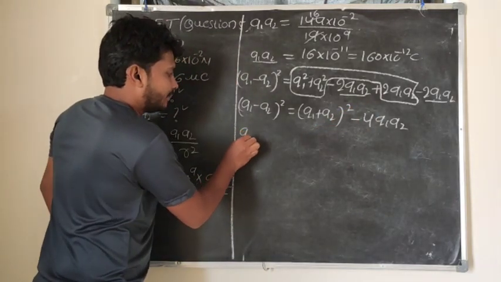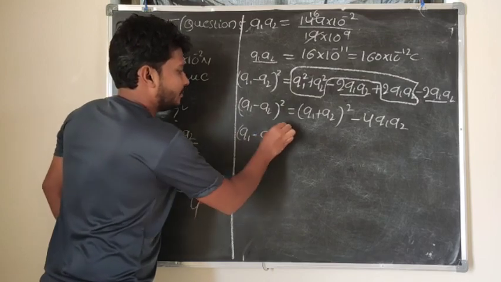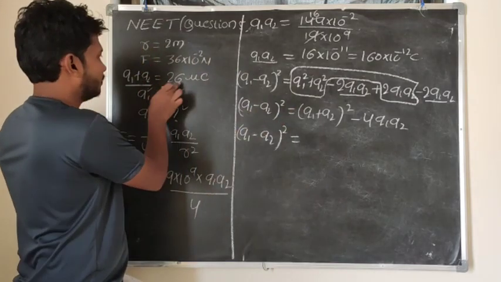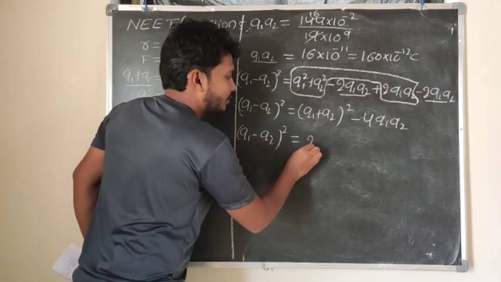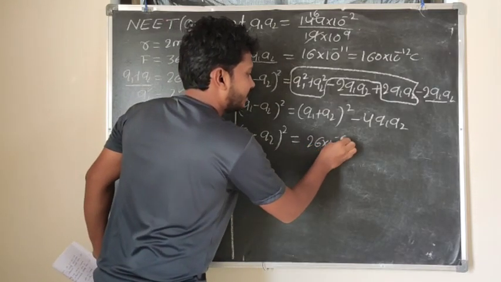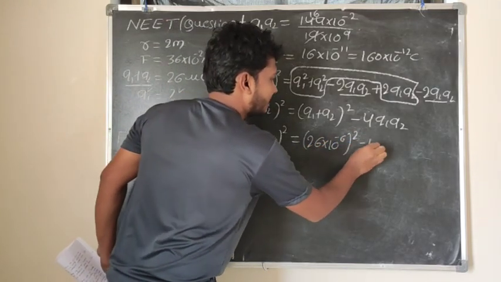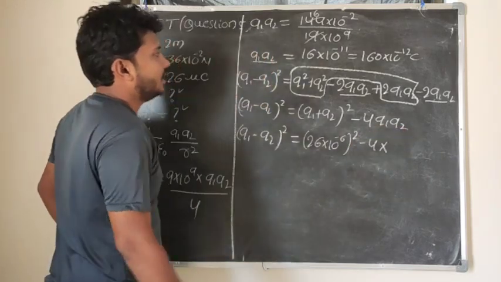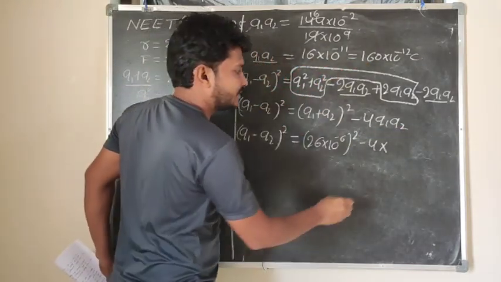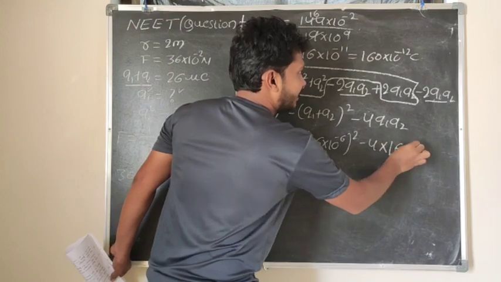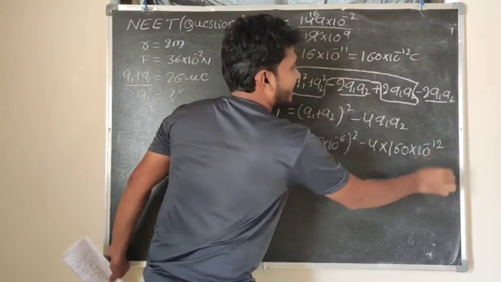So let me determine (Q1 minus Q2) whole square. The Q1 plus Q2 value they gave is 26 into 10 to the power of minus 6, whole square, minus 4 into the Q1 into Q2 value, which is 160 into 10 to the power of minus 12.